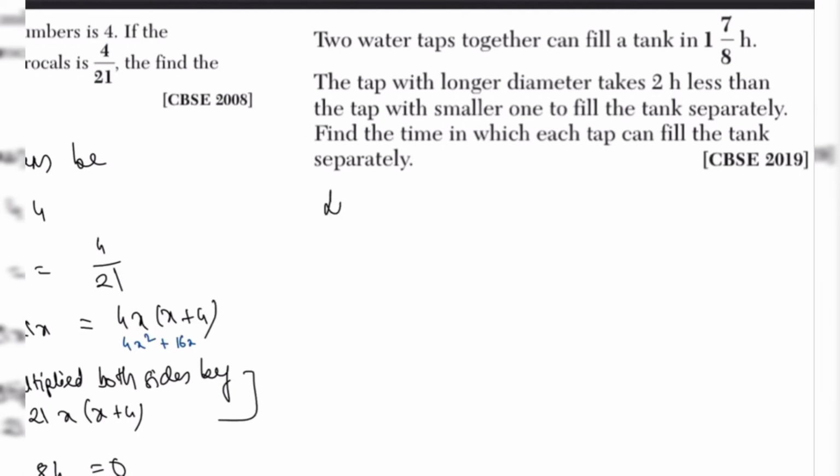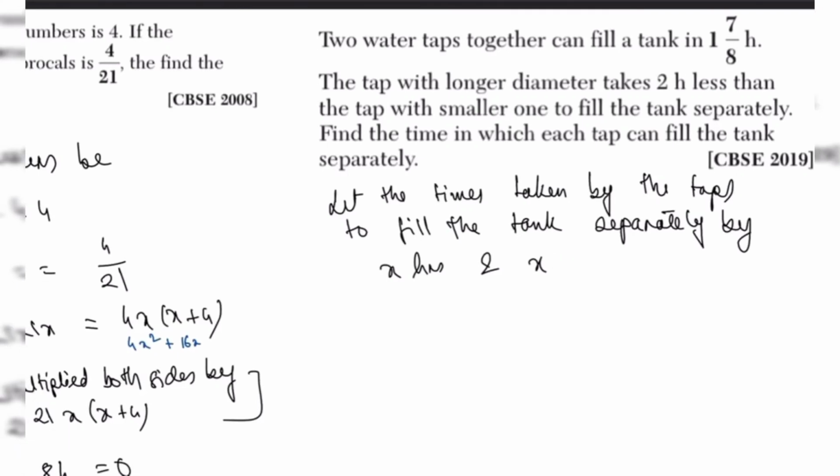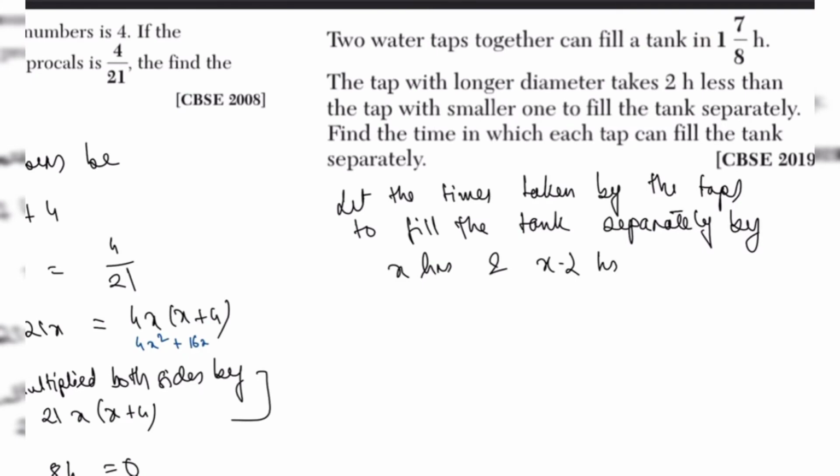So let the times taken by the taps to fill the tank separately be x hours and so one is x and the other, let us take it as x minus 2 hours.